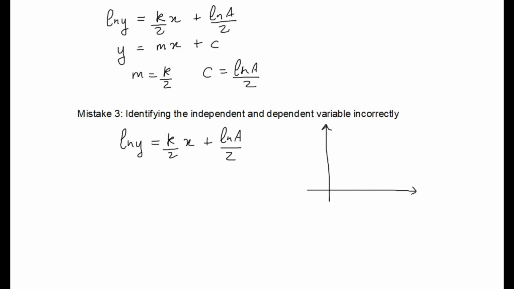If this is your straight line, we know that the intercept is log a by 2. We know the gradient is k by 2. But what goes on the x and the y axes? On the x-axis, it's just x. And on the y-axis, is it y?